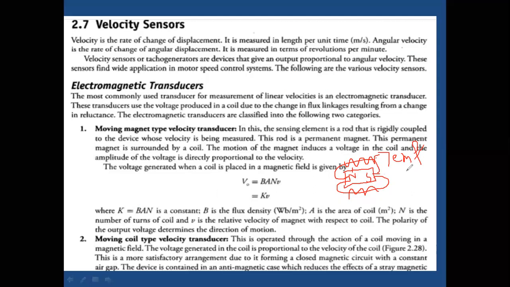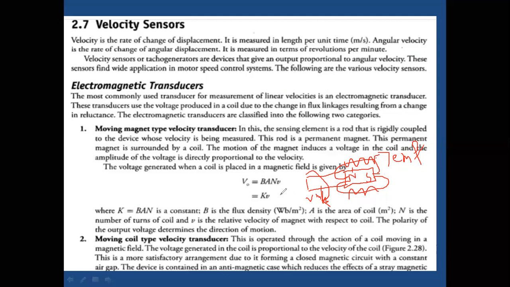Here what we need to observe is the input of this kind of transducer. We give a measured input of displacement. This is the shaft, running at a velocity of, suppose, v meters per second, and we need to measure how much velocity the shaft is rotating with. So the input is rotational displacement.